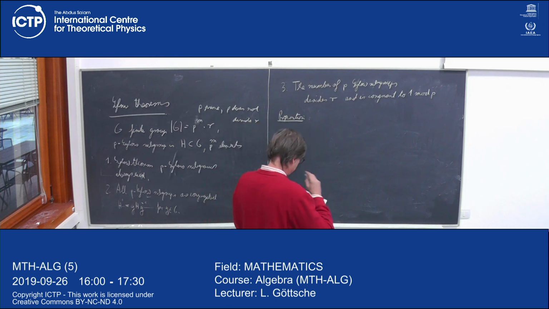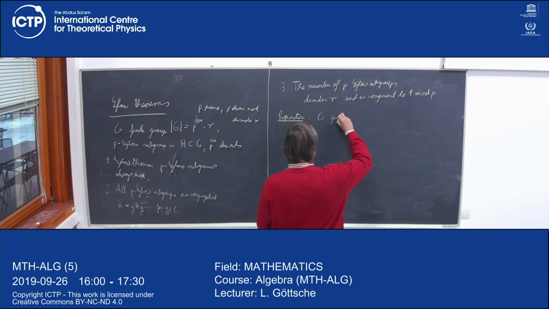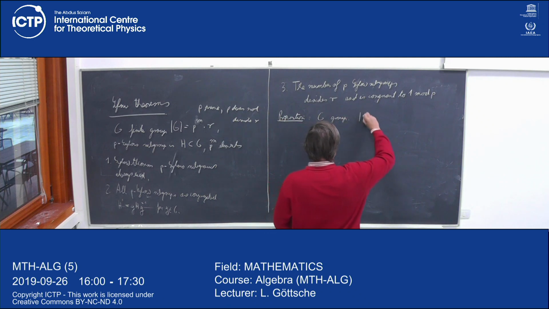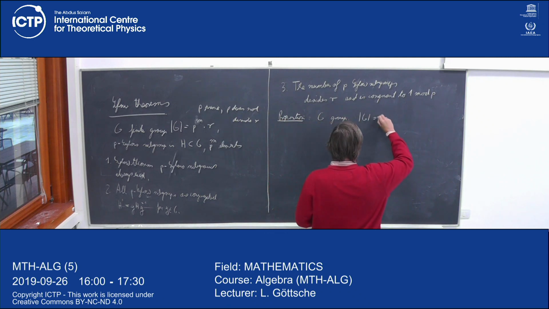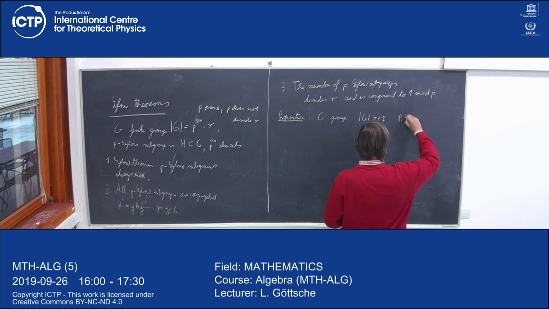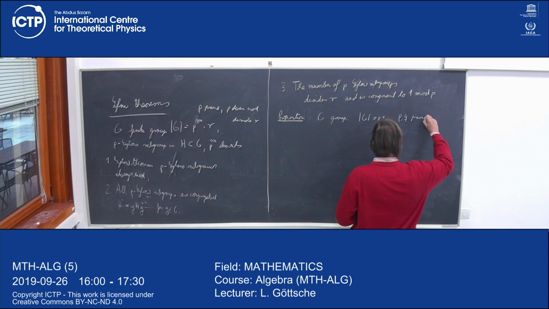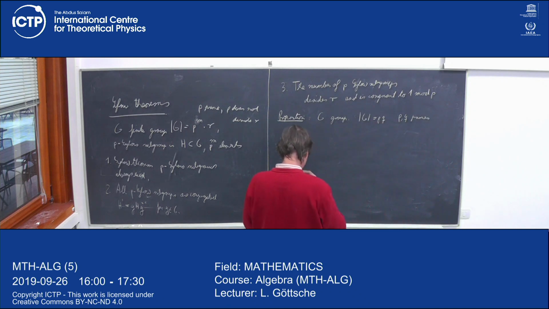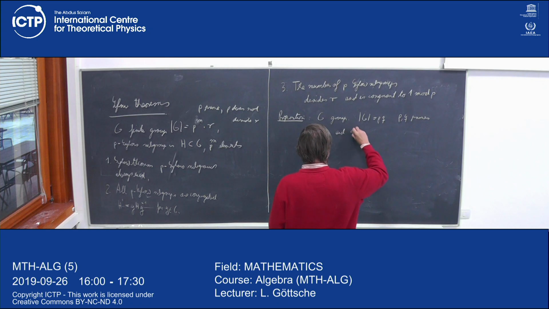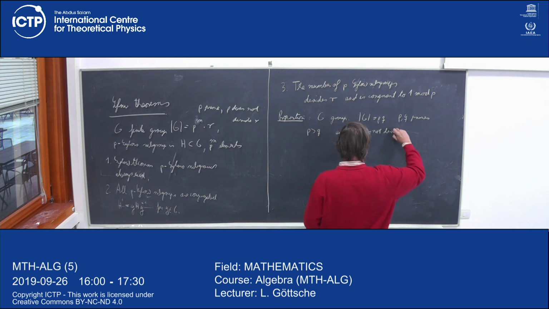And so we want to make a small application of this, which is the following proposition. It's a very simple application. Let G be a group of order p times q, where p and q are primes, and we want that, say, p is bigger than q, so there are two different primes, and q does not divide p minus 1.